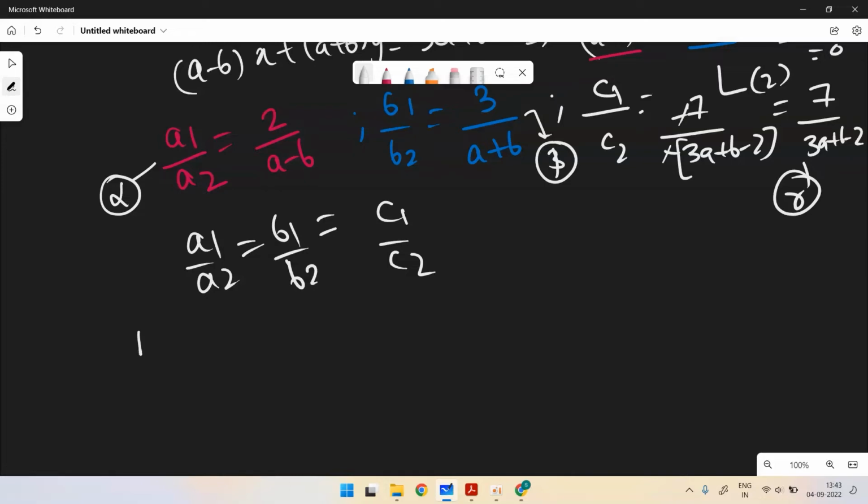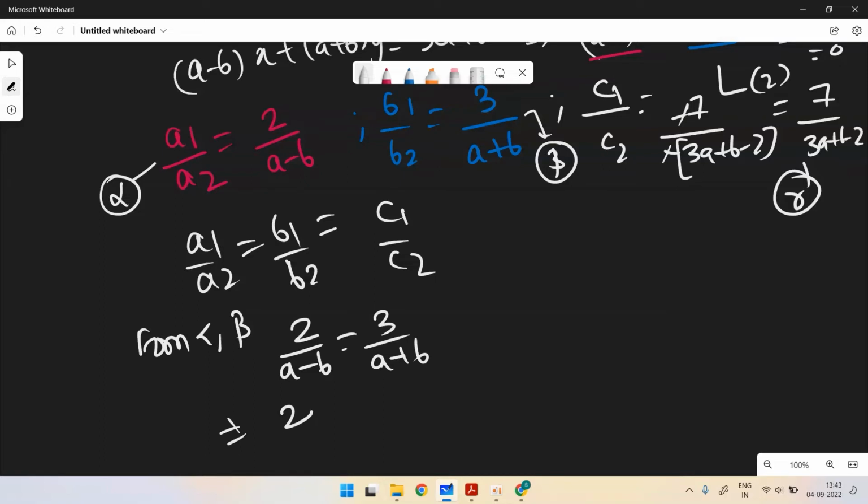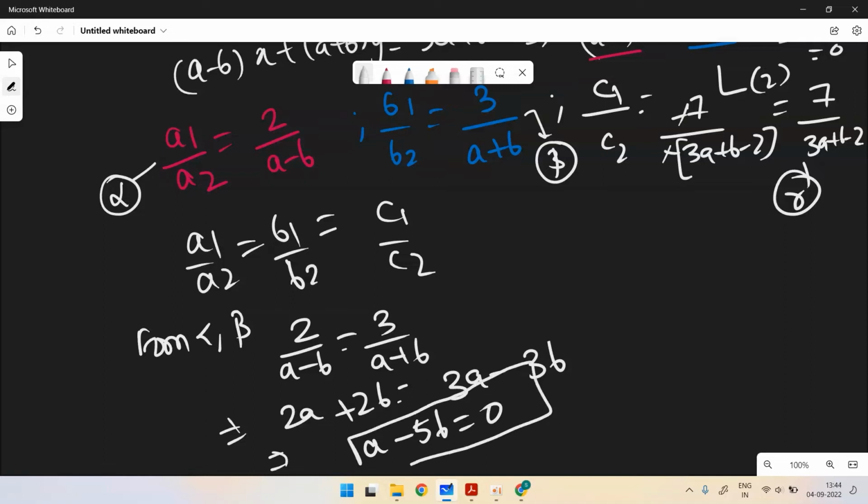From alpha beta equation, we get 2 by a minus b equal to 3 by a plus b. From here we get 2a plus 2b equal to 3a minus 3b. So from here we get a minus 5b equal to 0. I'm taking this to be my third equation.